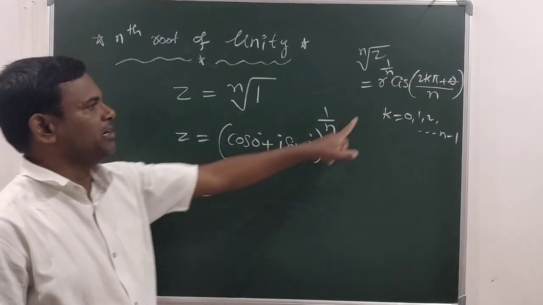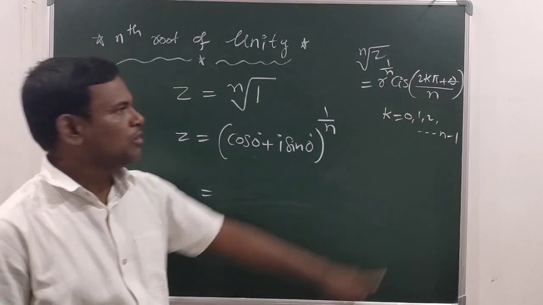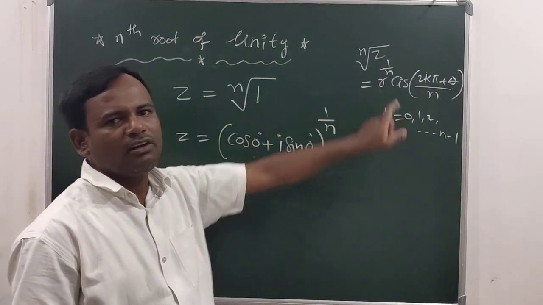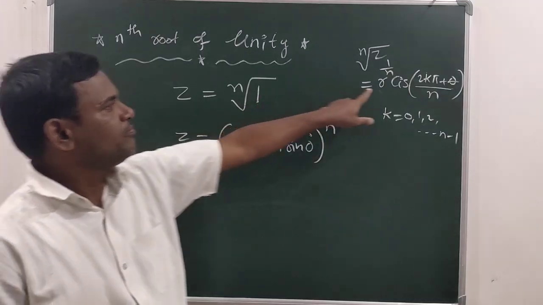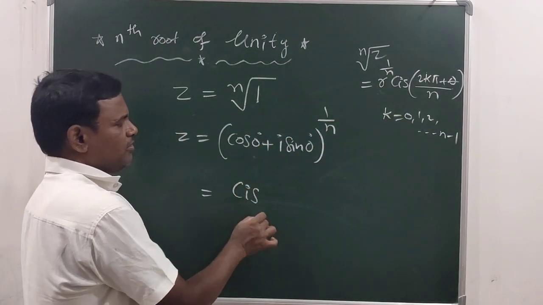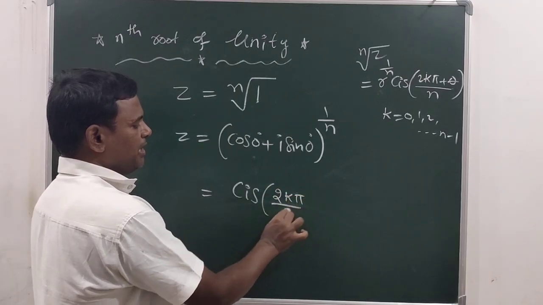Here principal argument theta is how much? 0 degrees. Now put in the place of theta 0. In the place of r, what you have to write? 1. So then it is going to be cis of 2k pi by n.